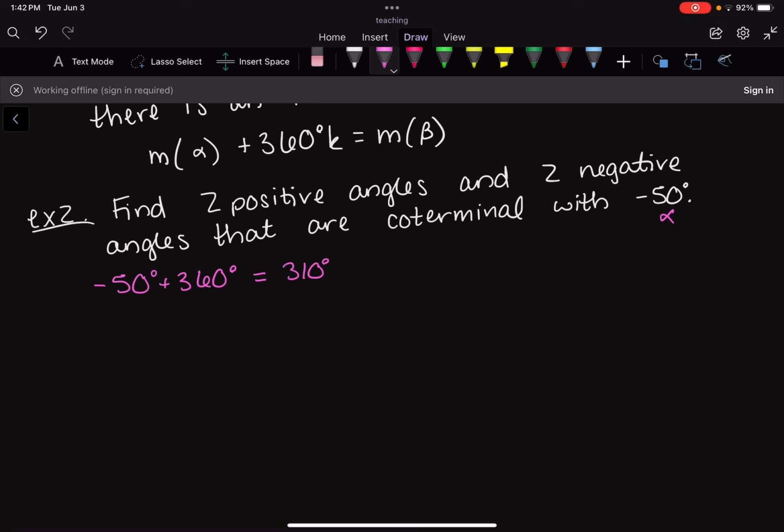So what we'll mainly use this for is if we run into maybe negative 50 along the road, instead of actually dealing with negative 50, we'll just add 360 and do 310 instead. And it'll just become easier to work with. It's a little bit more clear that it lies in quadrant 4.